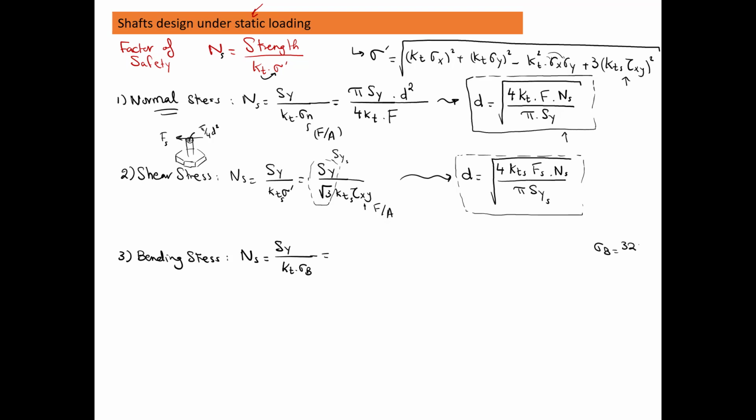It's 32 times the bending moment divided by pi d raised to the power 3. So we'll substitute this for sigma bending. So I'll have SY pi d cubed divided by 32 KT times the bending moment M.